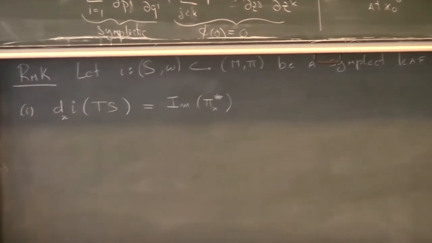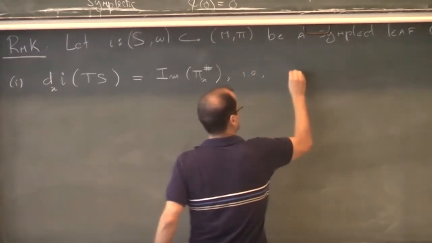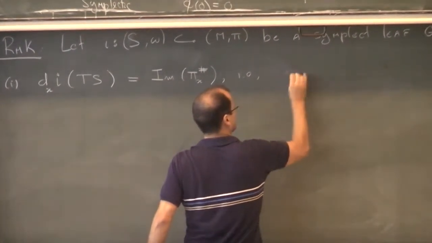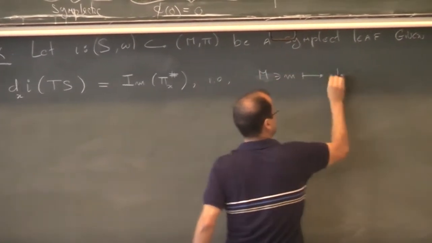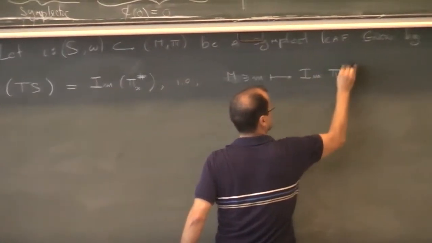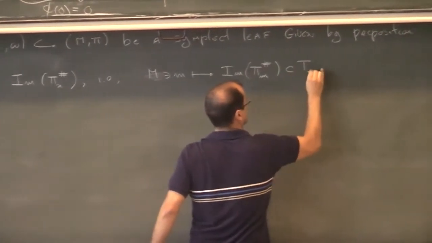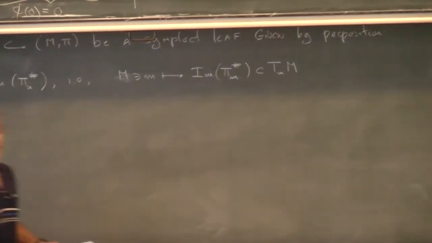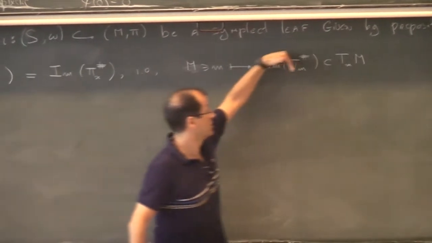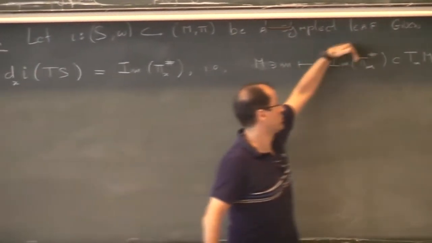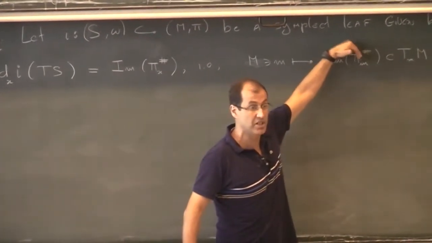In other words, if we think of the assignment that to each point of the manifold M assigns the image of pi sharp, this is a distribution, a continuously or smoothly varying choice of subspaces, but be aware that these dimensions can vary.